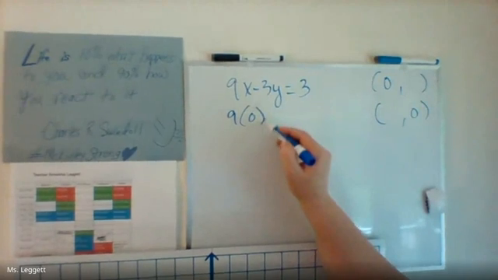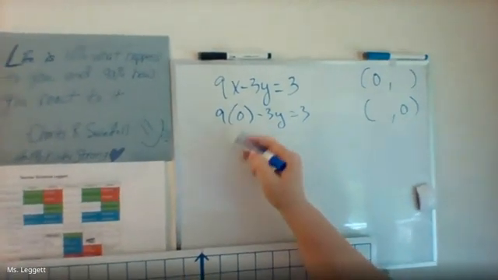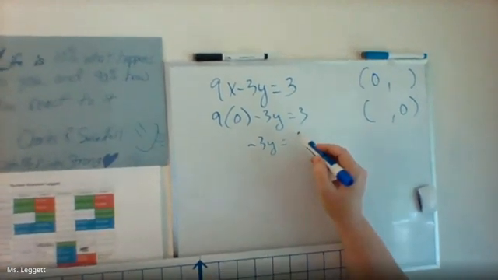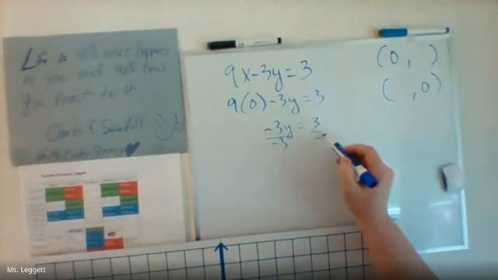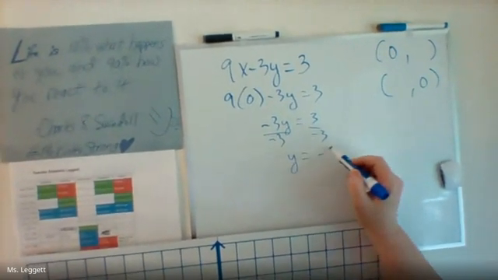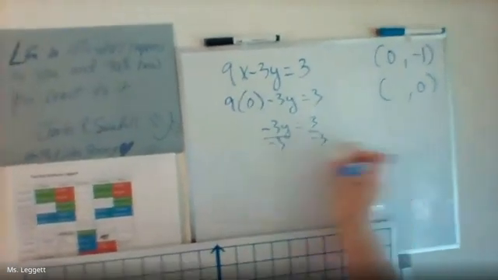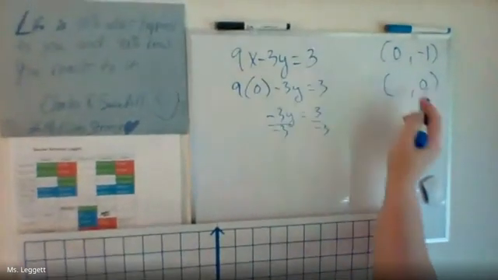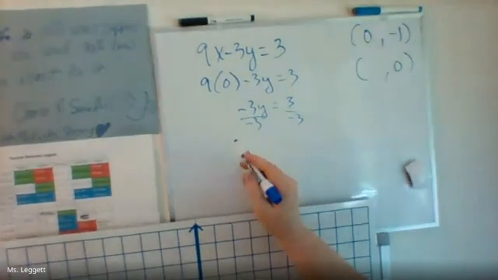When x is 0, what is y? There's nothing here, so negative 3y equals 3. If I divide by a negative 3, I get y equals negative 1. Okay, that's that one. Next one. Same equation, but this time my y is going to be 0.